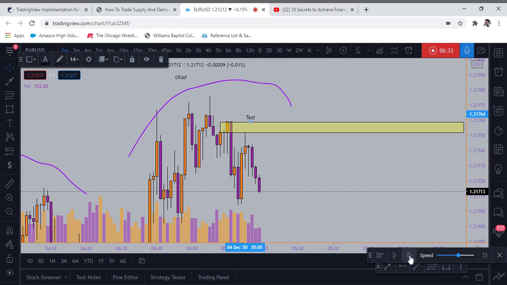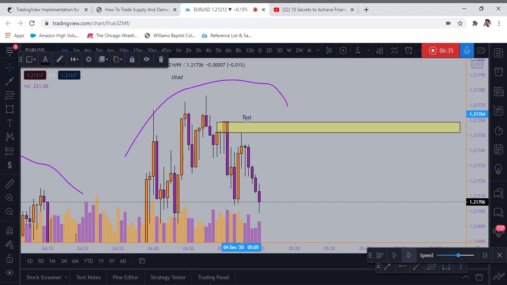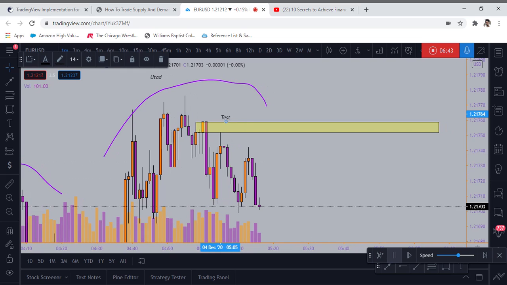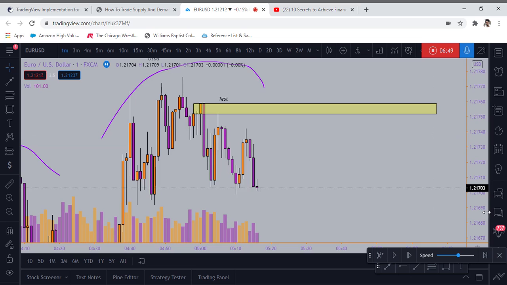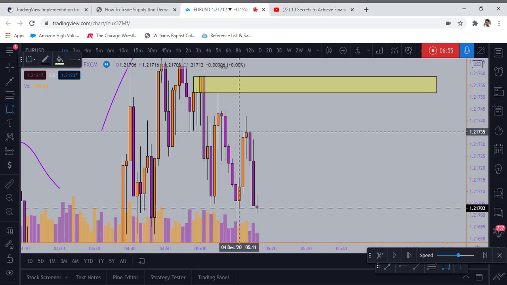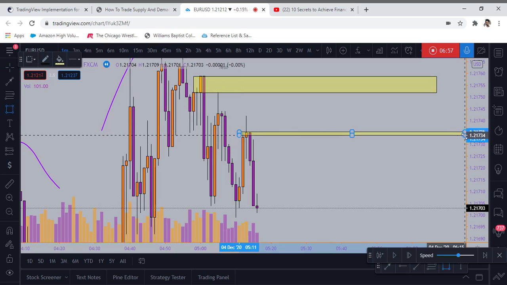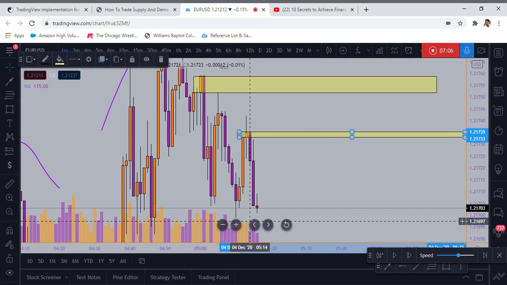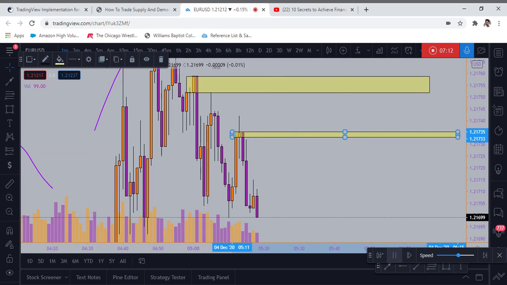If we play it back some, price is doing nothing but giving you more opportunity after opportunity. Another mini lower time frame supply zone, if you want to stack your entries, and price is in a bearish downtrend, bearish market structure with the downtrend.